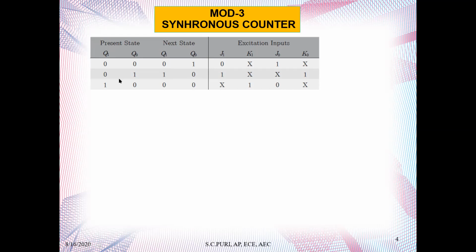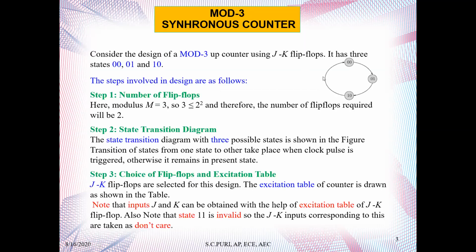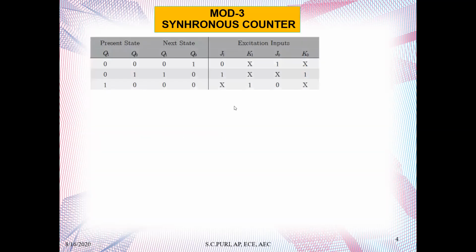Then again on the third clock, from 1 0 it will reset back to 0 0, because it is a mod 3 counter. It will only rotate in these three states: 0 0, 0 1, 1 0, 0 0, 0 1, 1 0, and so on. So this is all about the left side of the table.